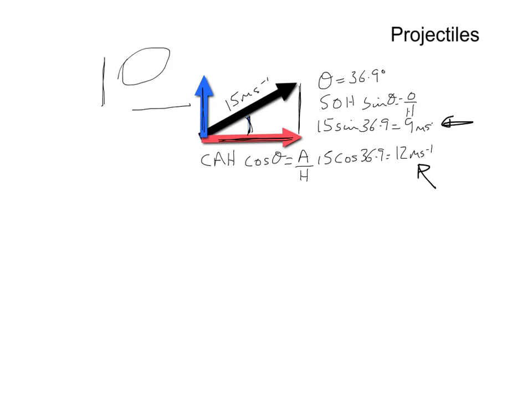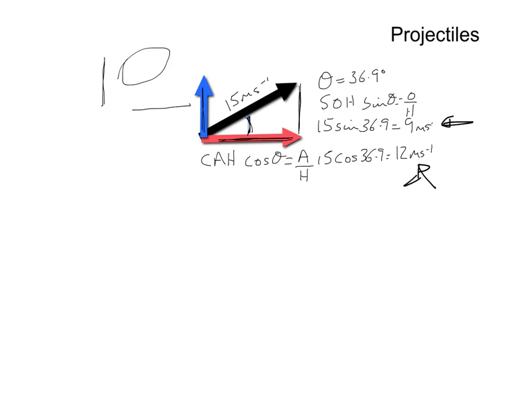Now, the 9 meters per second can go into our SUVAT style problem, and the 12 meters per second stays as a constant velocity as it travels horizontally. So let's see how we can lay out and solve this problem, which is to use the information that's here to work out how far away it lands and how long it's in the air.